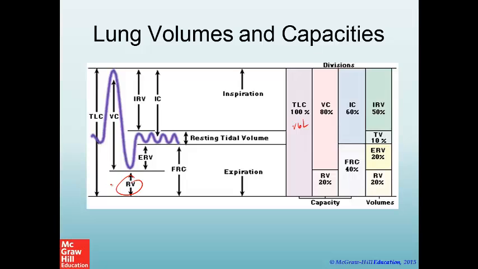So if I'm saying that total lung capacity is 6 liters, 80% of 6 liters is like, 5 point something. Along with a residual volume.